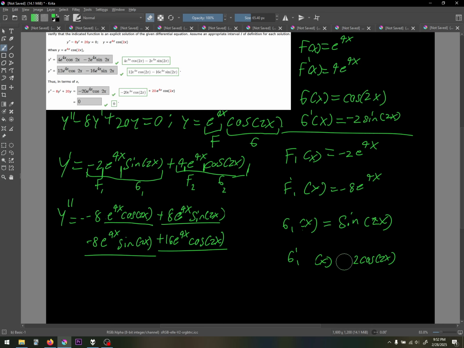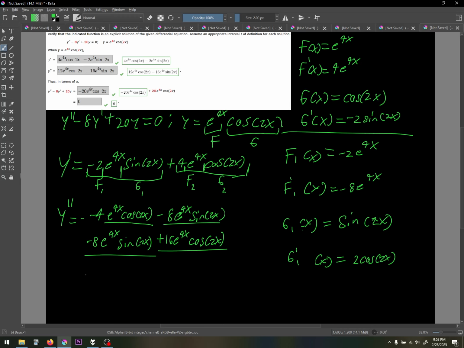No, sine is just cosine. So now we have negative 2e to the 4x times 2 cosine 2x, which is negative 4e to the 4x cosine 2x, plus, this should be minus 8e to the 4x sine 2x.